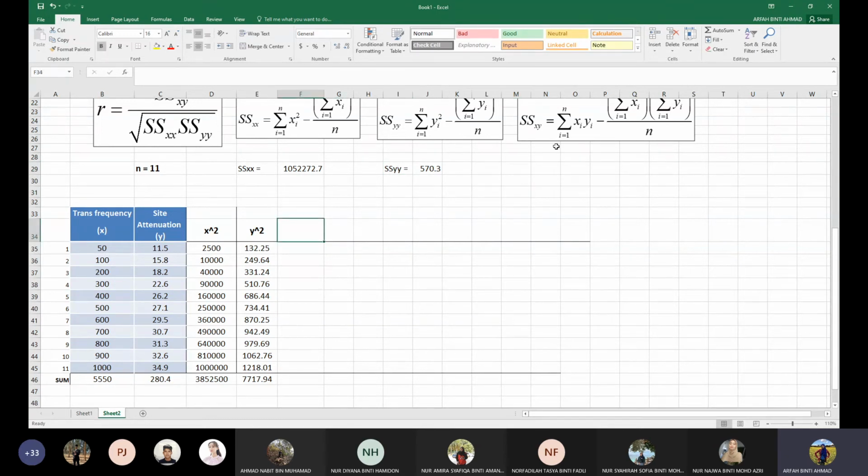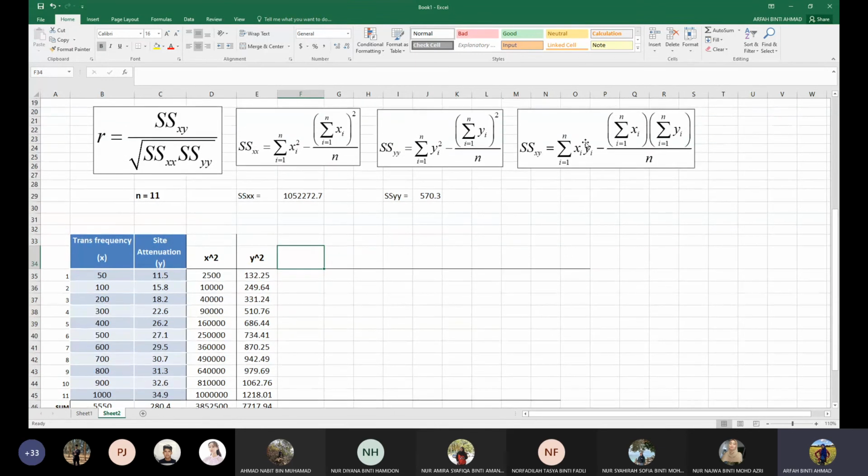So the next, the sum squared of XY, you will see there is a summation of XY.